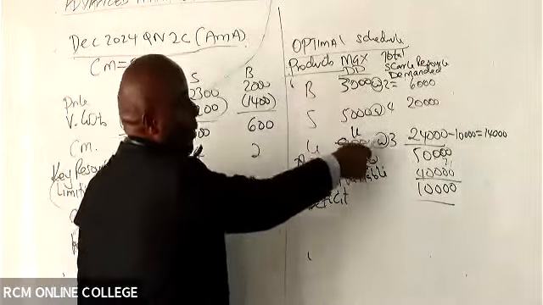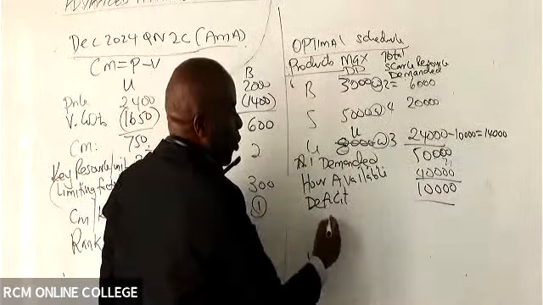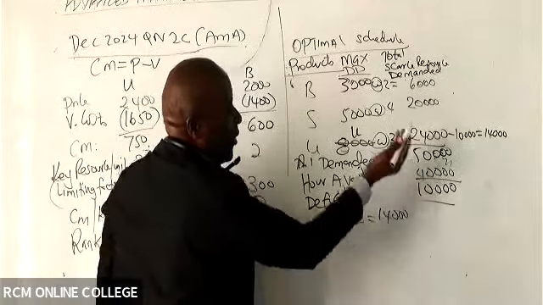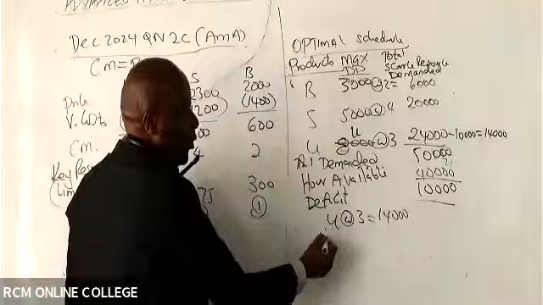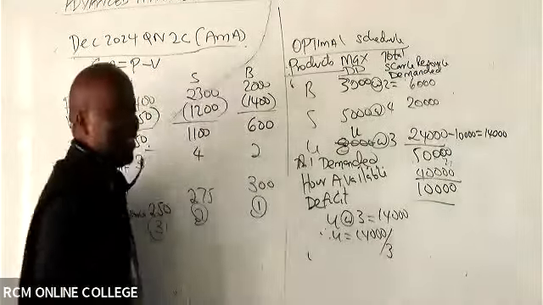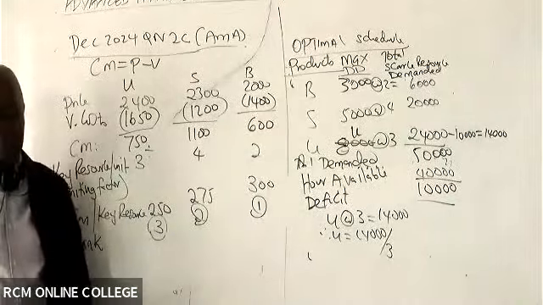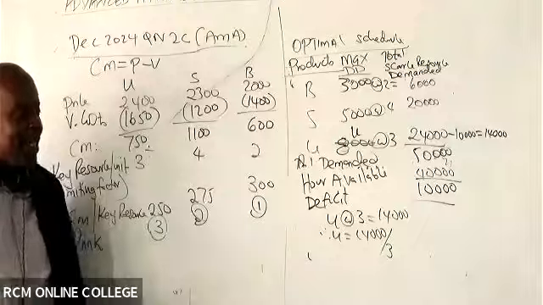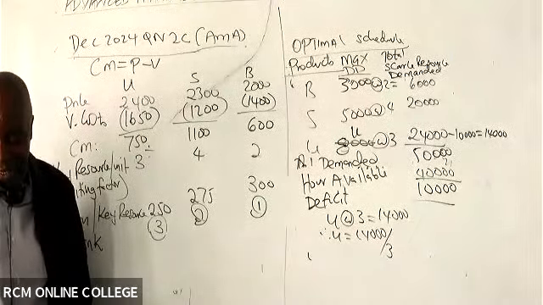But I know how many hours we need per unit. So u at 3 hours equals 14,000. Therefore, u will be 14,000 divided by what here, somebody? Divided by 3. Yeah, u will be, in this case, 14,000 divided by 3.